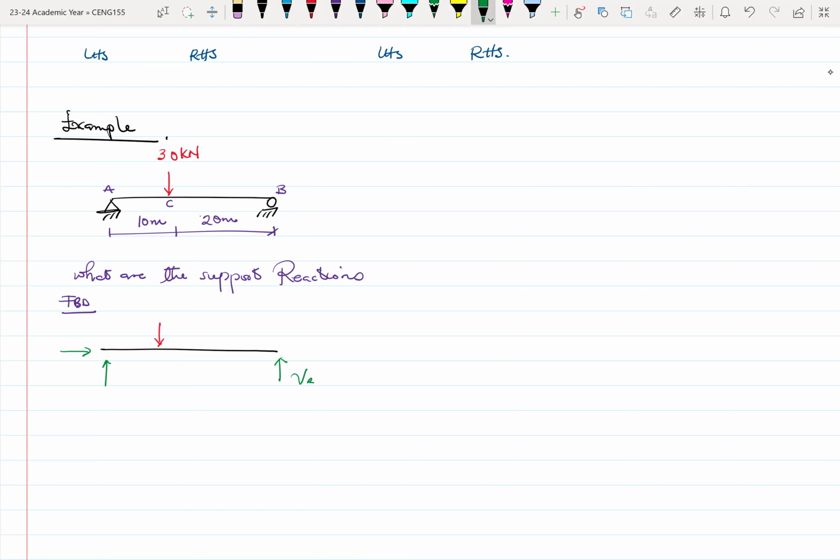So this is VB, VA, HA. All right. And then we have the load of 30 kilonewtons, sorry. All right. So can you guys tell me what the values for the support reactions will be? Anyone?